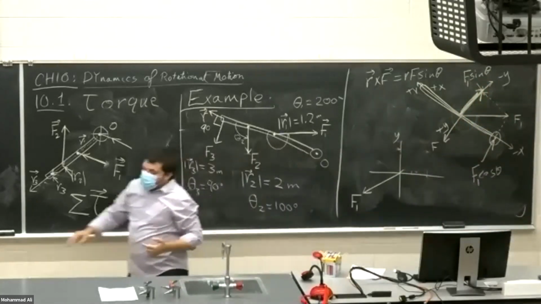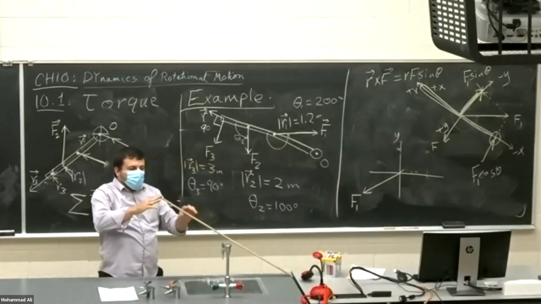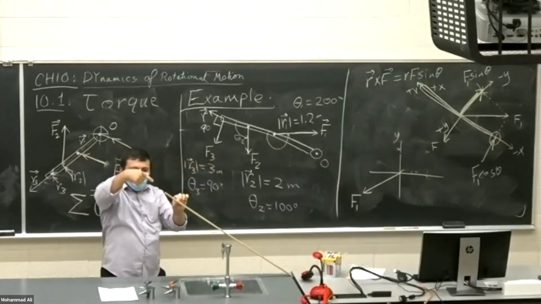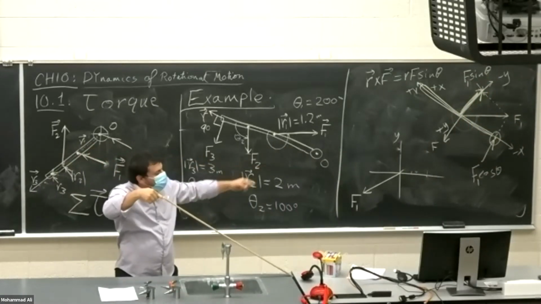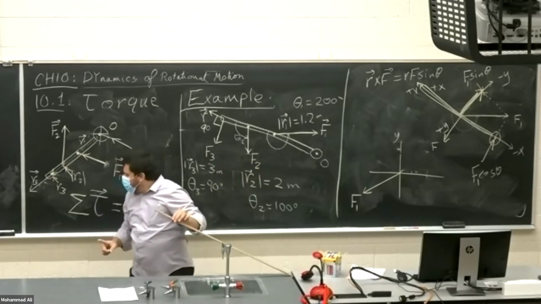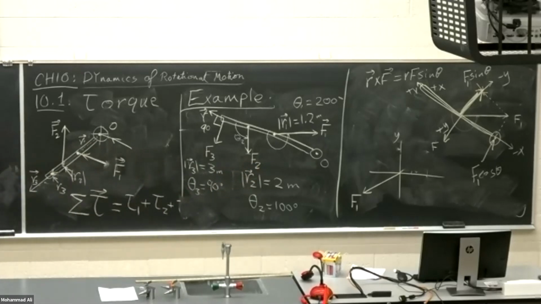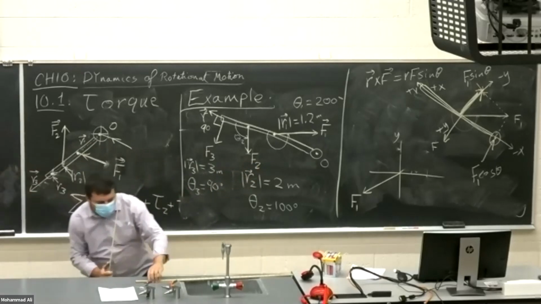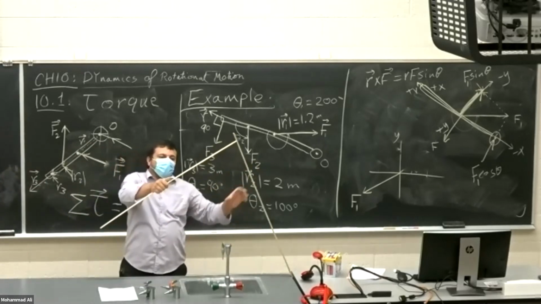Where is the stick? This is the stick. I will try to rotate it. If I apply a parallel force like this, it will not rotate, right? This is F1 cosine theta. But if I apply another perpendicular force in this direction, like this, it will rotate it.